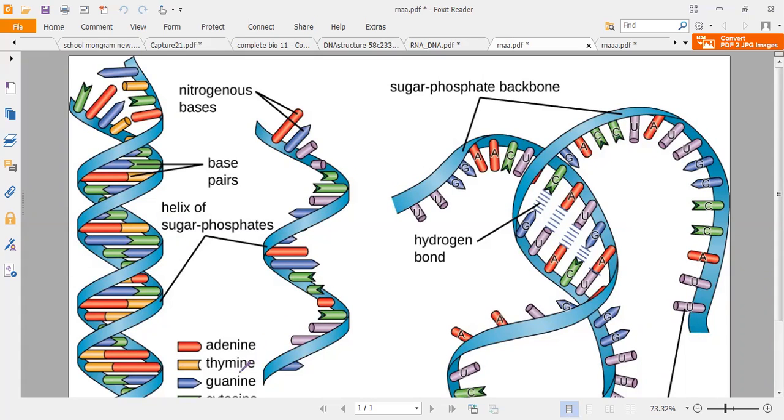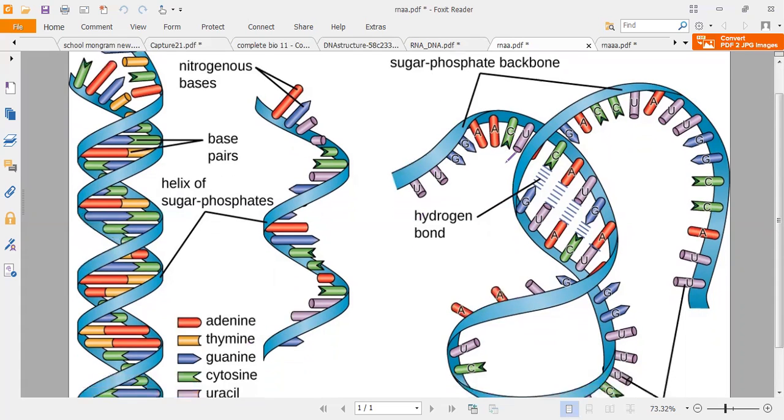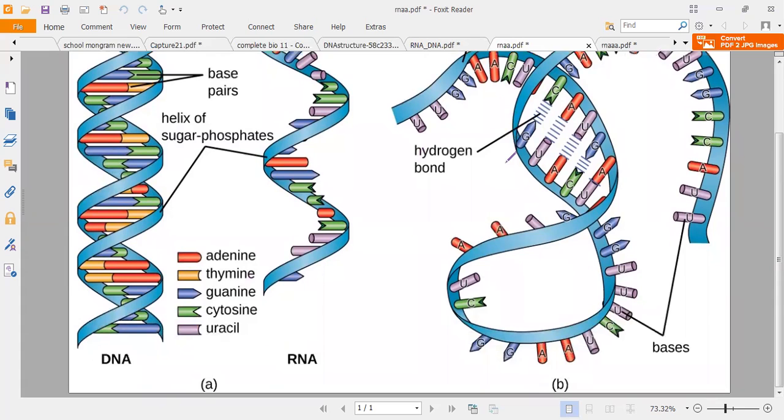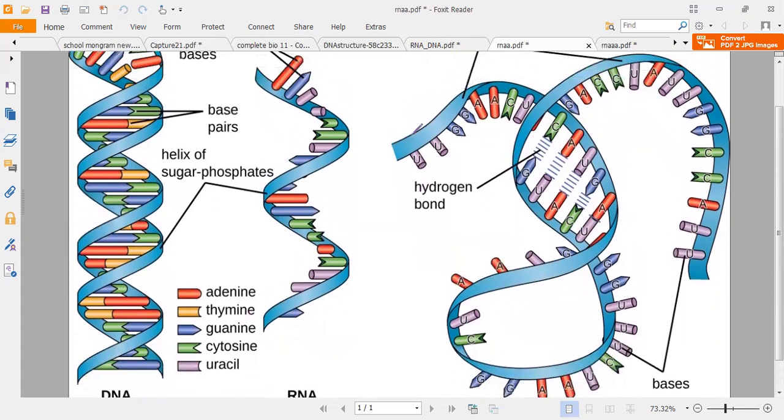In place of thymine, it has uracil. You can see here the complete structure of this one. This is RNA, and because it is too long, sometimes it is twisted around and makes a double helical structure with hydrogen bonding between them.